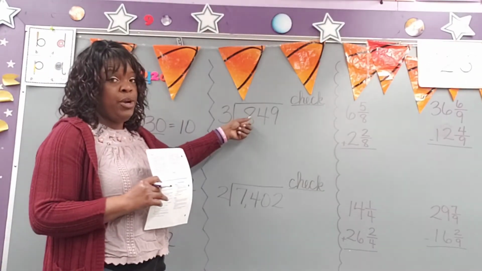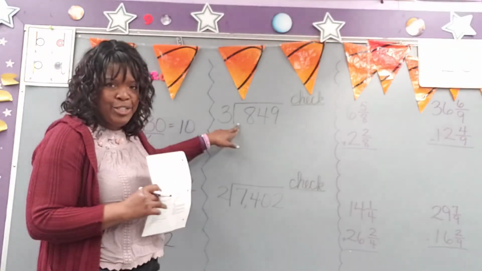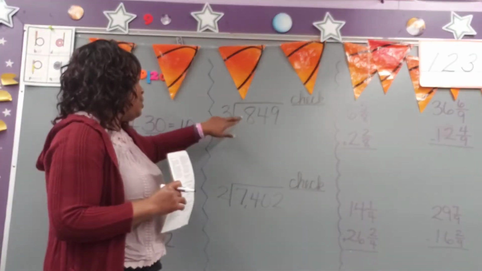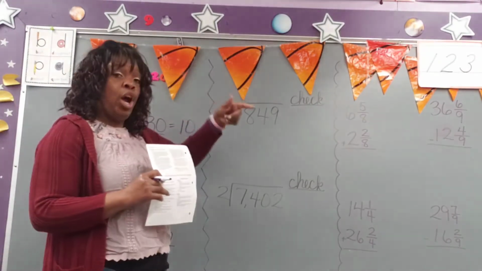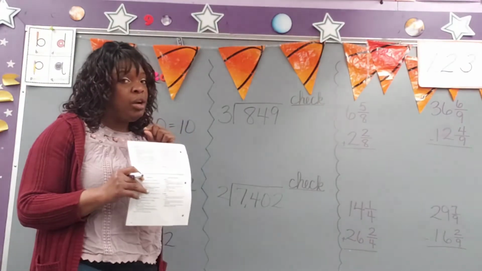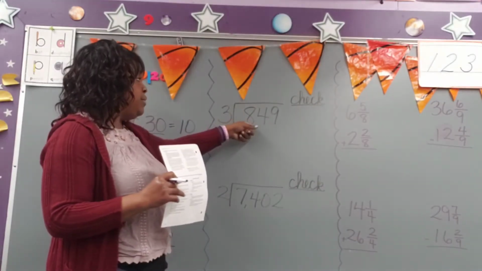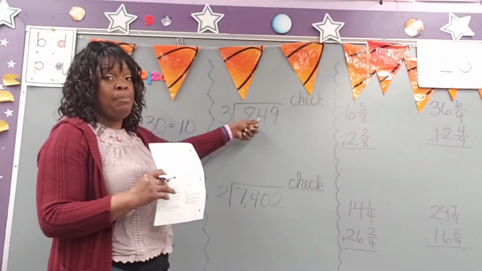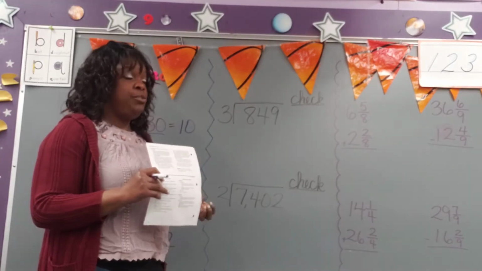If that first number in our dividend is the same or larger than our divisor, then we can divide into it. If it were smaller, we would have to go into the first 2 digits. But because the first number in our dividend is bigger than our divisor, we simply divide into that number.